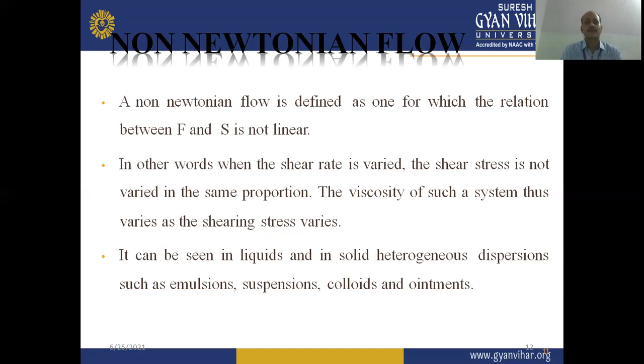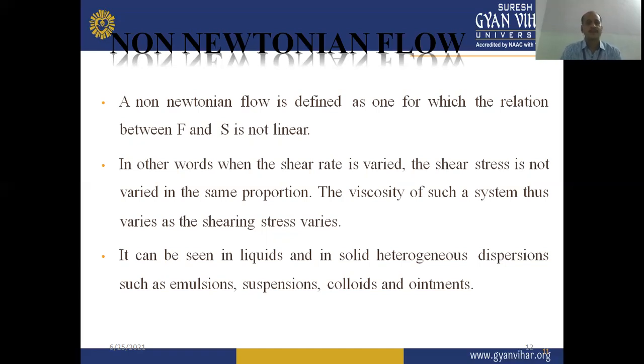A non-Newtonian flow is defined as one for which the relation between F and G is not linear, where F is the shearing stress and G is the rate of shear. The rate of shear and shearing stress are not directly proportional, and we cannot obtain a linear graph as we do for Newtonian fluids.